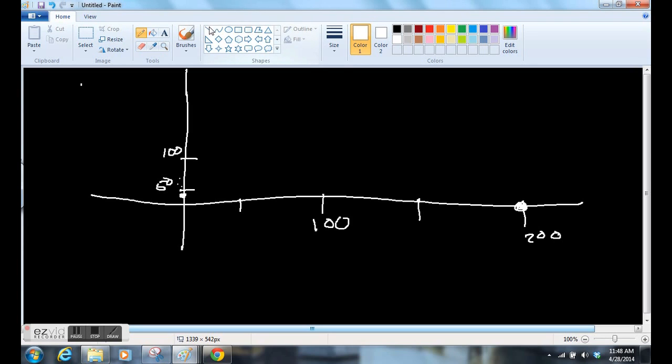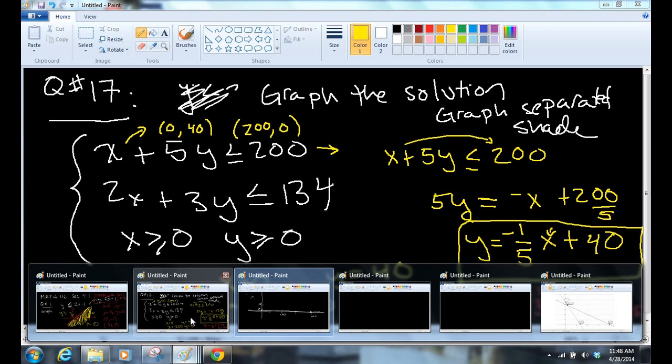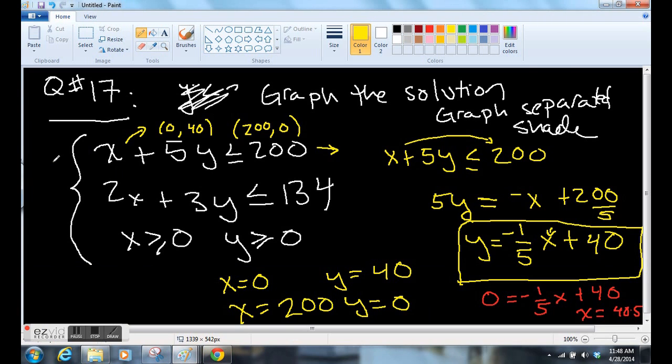So you would have some line like this. Oops, I think I started out wrong. I have to make sure I start here. Something like that. Except this line's going to go on forever, right? Like that. This is probably the worst graph you've ever seen in your life. But you don't grade the papers I grade. Anyway, I'll make a better one on the graphing calculator in a second. So the point is we have one line here.